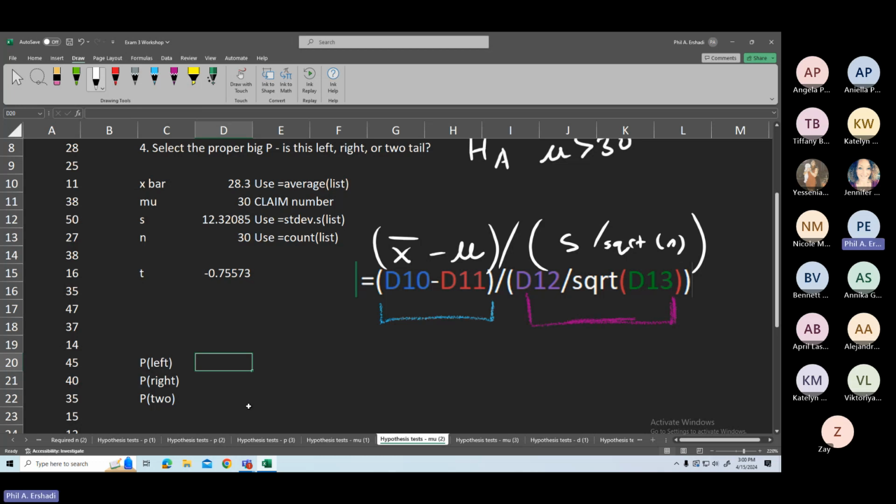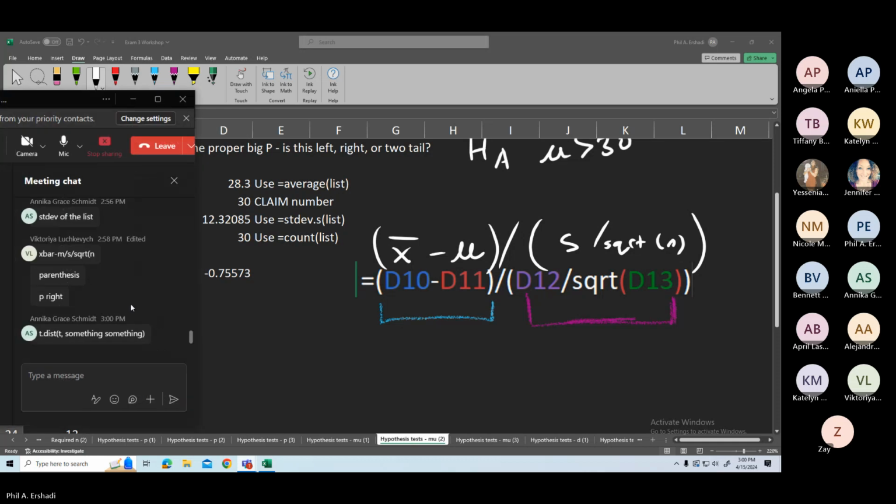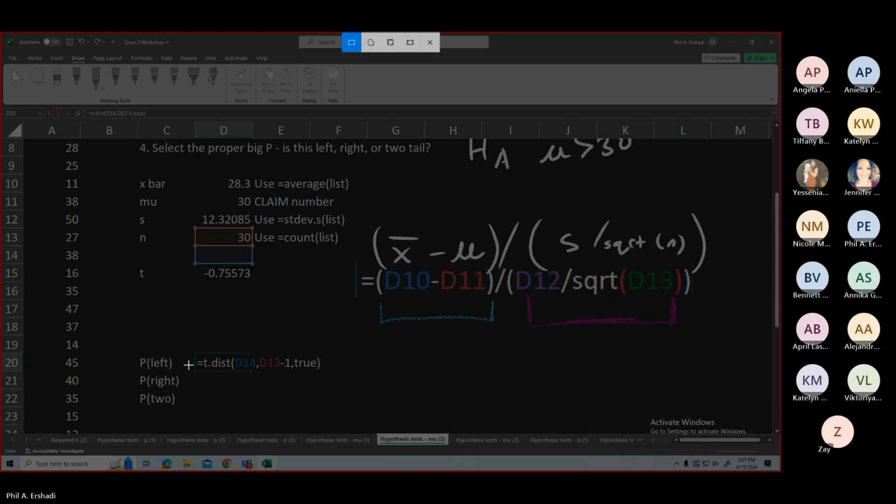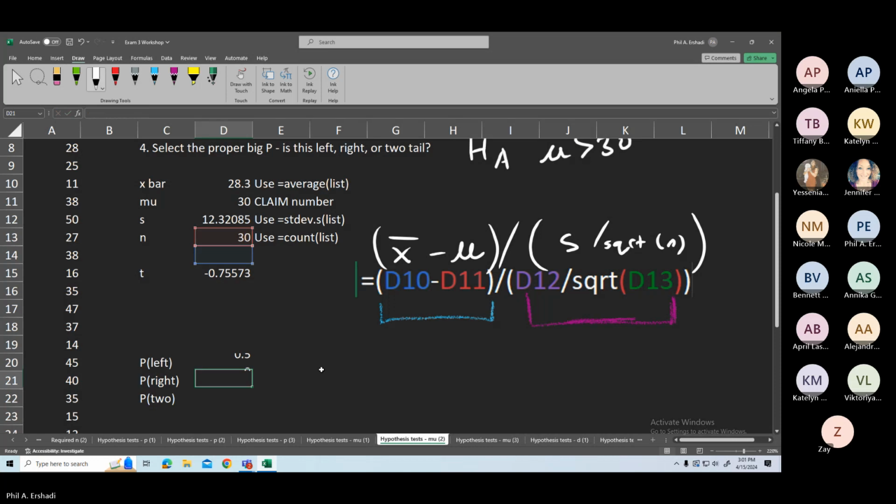Anyone remember the formula? T dist something, so yeah, close enough. I'll take it. Yeah, it's right. It's T.DIST. You know you got to put in the t. And then we're going to go n minus 1 in the next part. And then true. There you go.